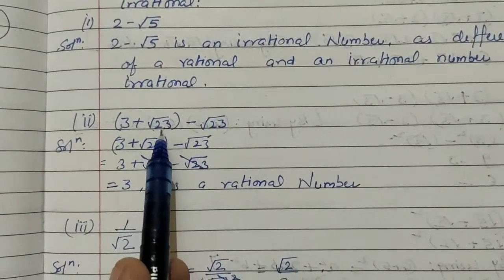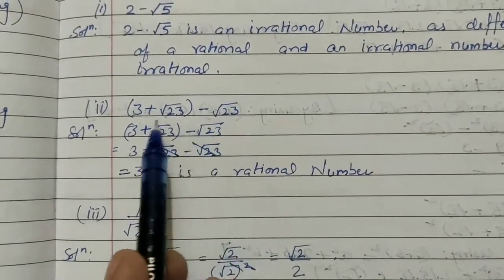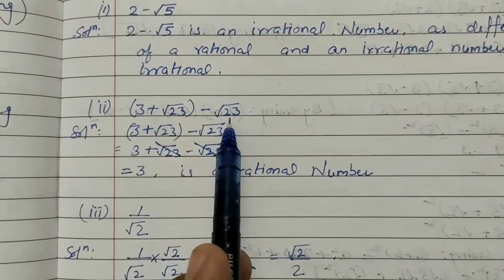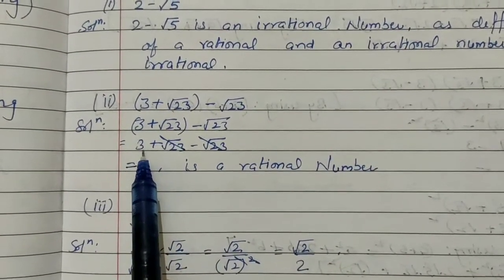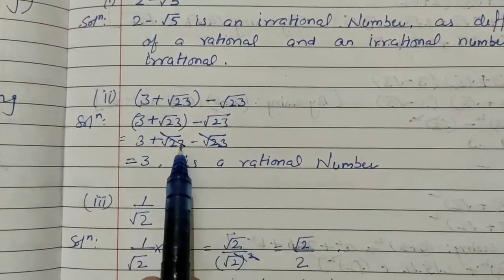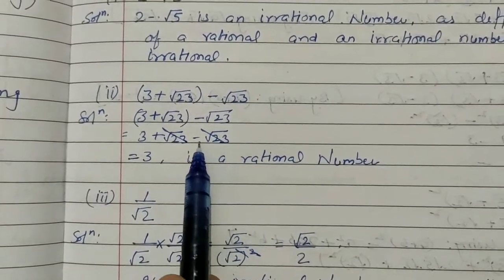3 plus under root 23 minus under root 23. In this expression we have three terms: 3, plus under root 23, minus under root 23. So open the bracket. After opening the bracket we have 3 plus under root 23 minus under root 23. These two terms will be cancelled क्योंकि देखिए यहाँ पे अंडर रूट 23 पॉजिटिव साइन के साथ है और यहाँ अंडर रूट 23 नेगेटिव साइन के साथ है.